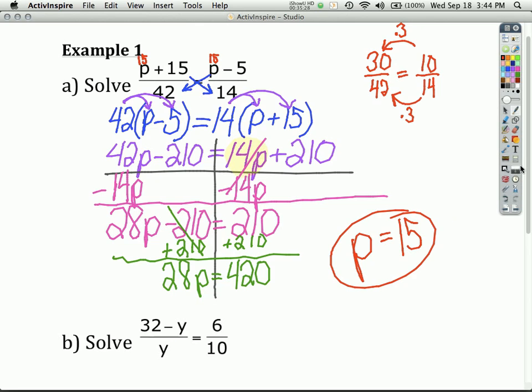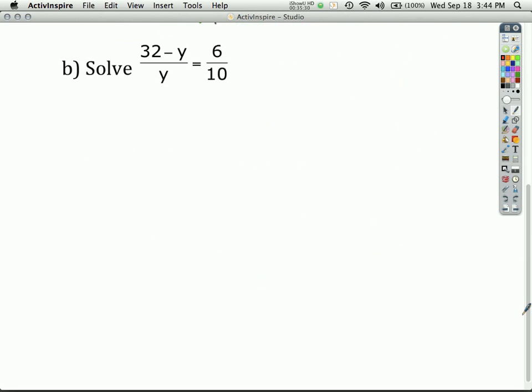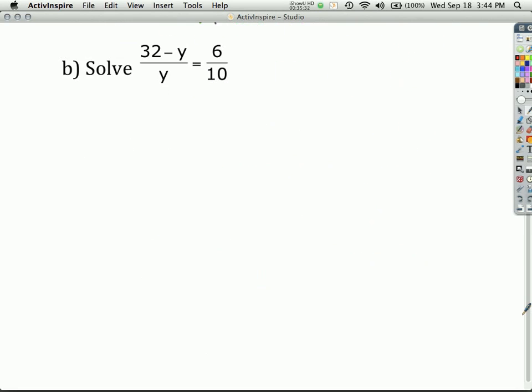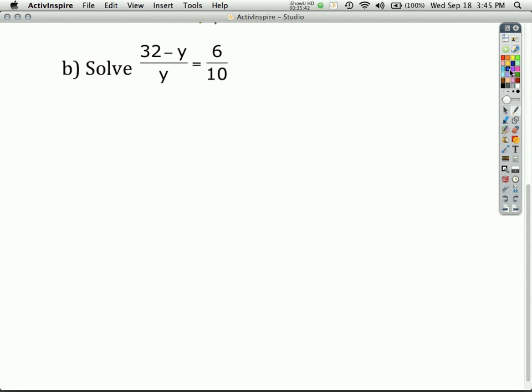Okay, part B. We need to solve the proportion. What's the first step?